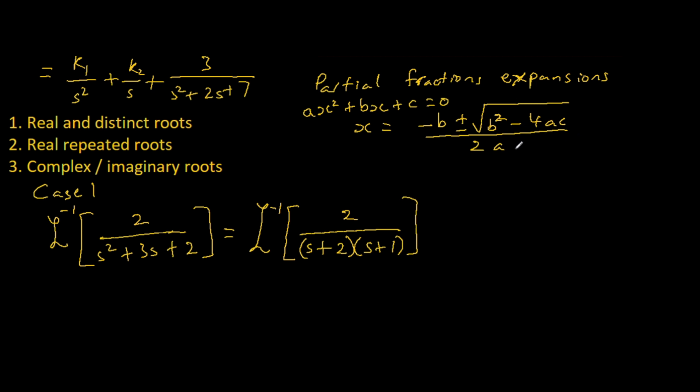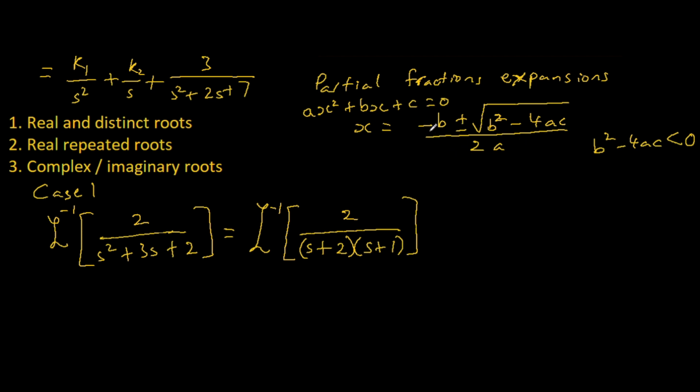The reason why I bring this up is what determines which of these three cases, whether it is real and distinct, real and repeated, or complex. What determines that is what you have underneath the square root sign, b squared minus 4ac. If b squared minus 4ac is less than 0, then your roots will be complex.